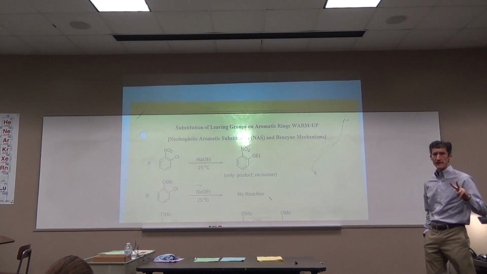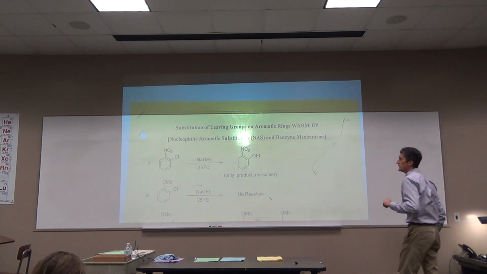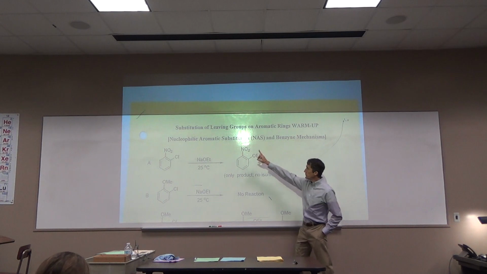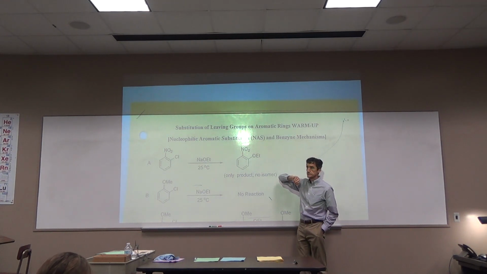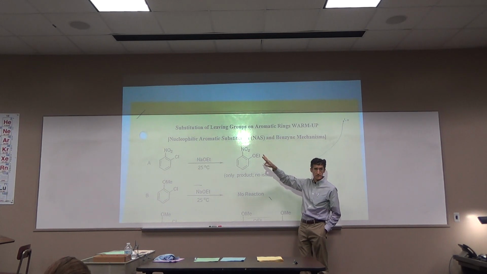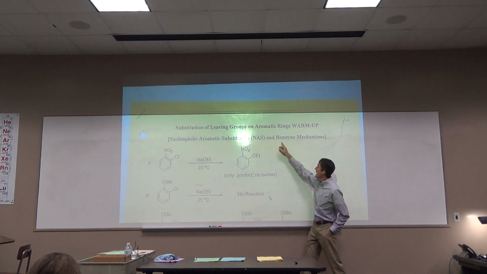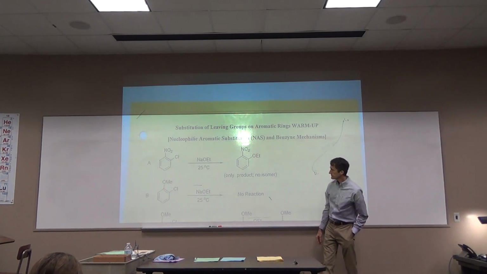This will be our other two mechanisms. This will be either NAS, nucleophilic aromatic substitution. And I mentioned our 3 mechanisms on the very first handout. EAS was the first one. These are our other 2: NAS and the benzyne mechanism.